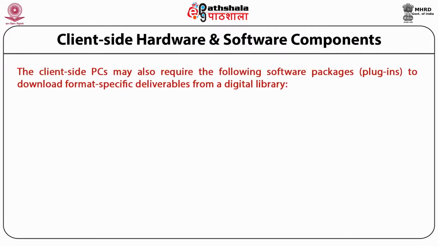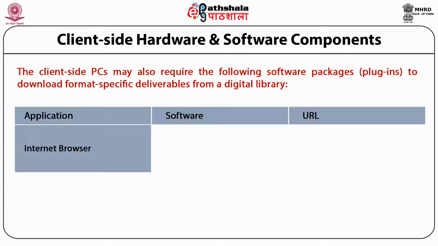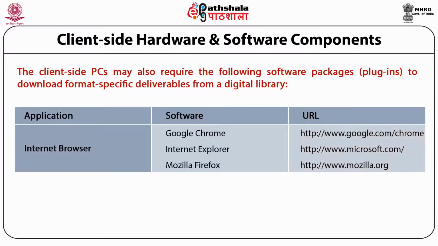The client-side PCs may also require the software packages which are being shown on your screen to download format-specific deliverables from a digital library. That may be internet browsers like Google Chrome, Internet Explorer, or Mozilla Firefox that can be downloaded from the URLs which are being shown on your screen.